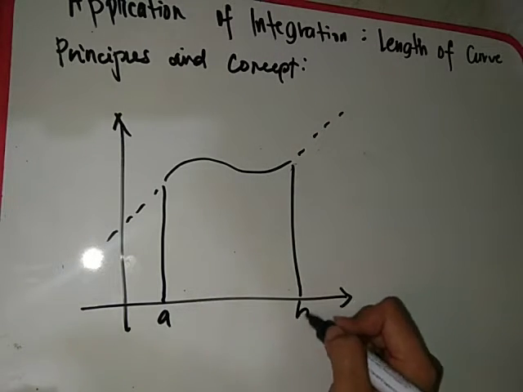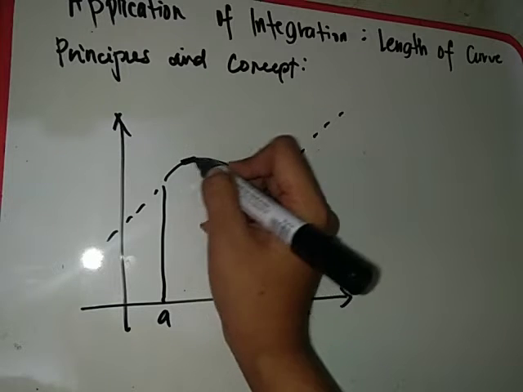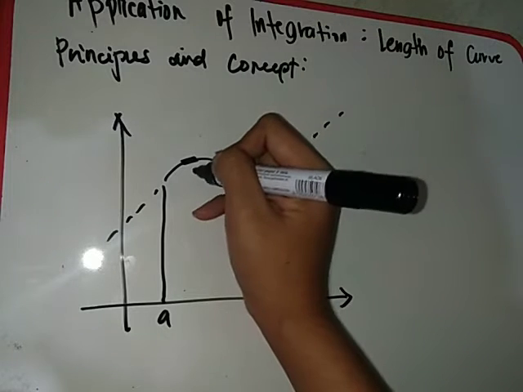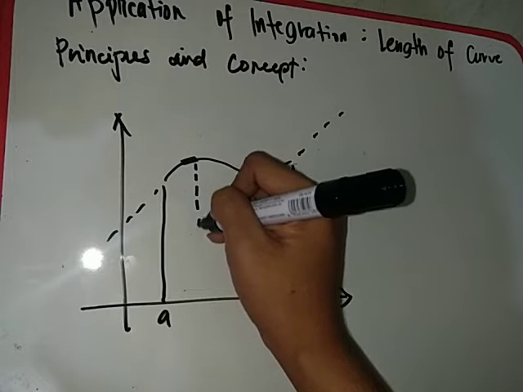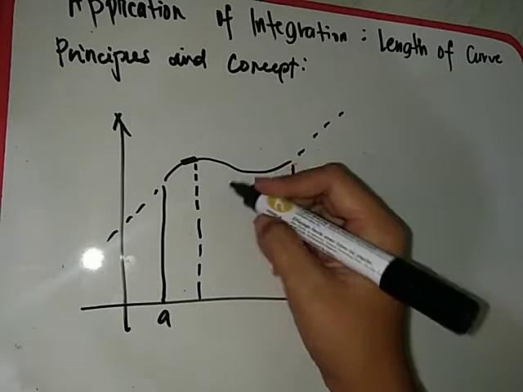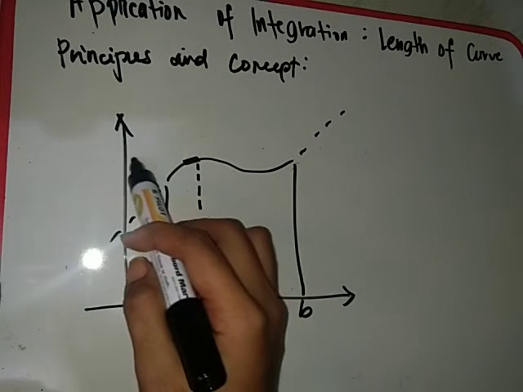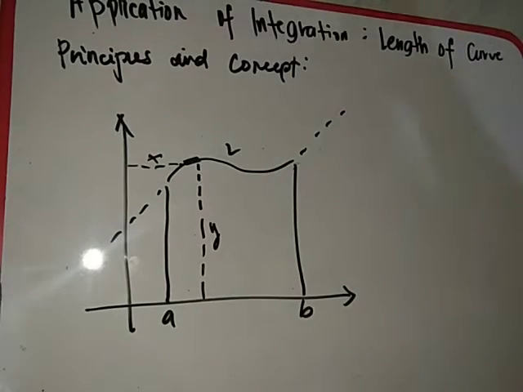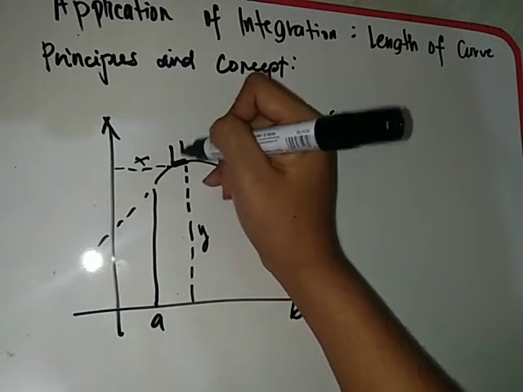This is A and this is B. And then, assuming that this is the strip, from the strip going to the x-axis is the y, and from the y-axis going to the strip, that is the x. So this is the length, and this is the dx.